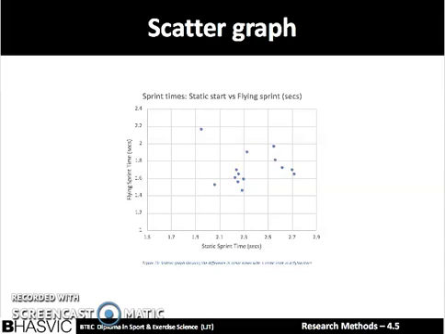So if you were to go along the y-axis and along the x-axis, that would match up to one dot. You'd have two different values, one for flying sprint time, one for static sprint time, but for one dot.